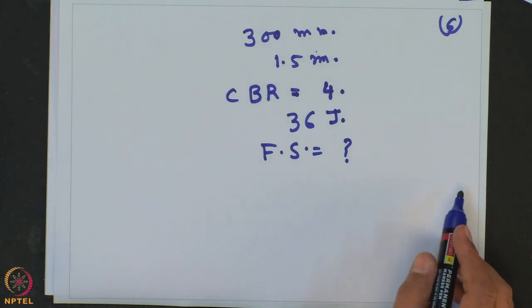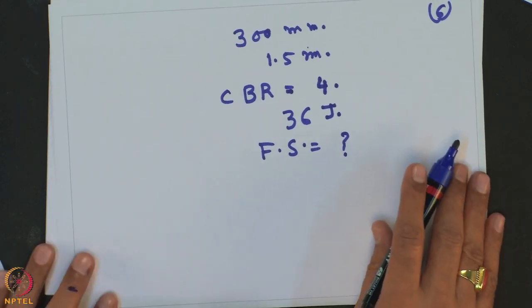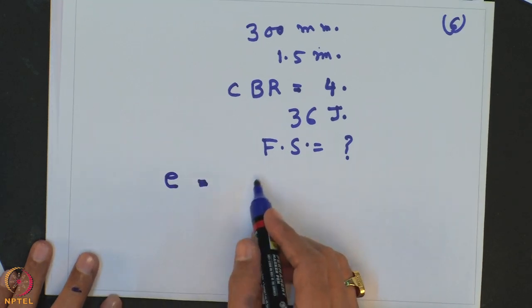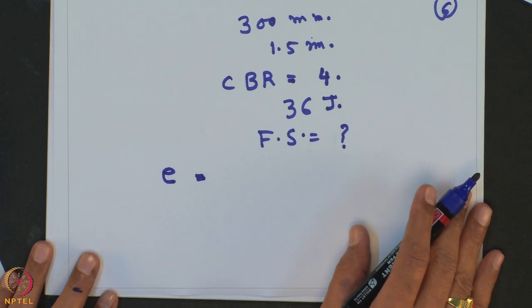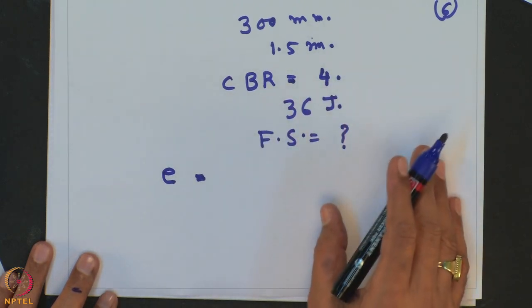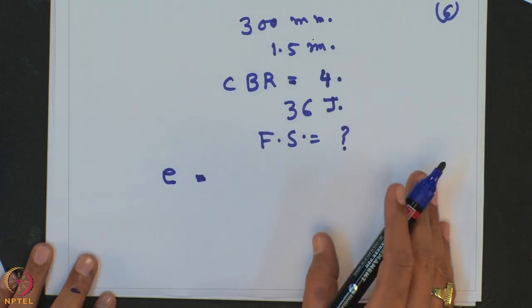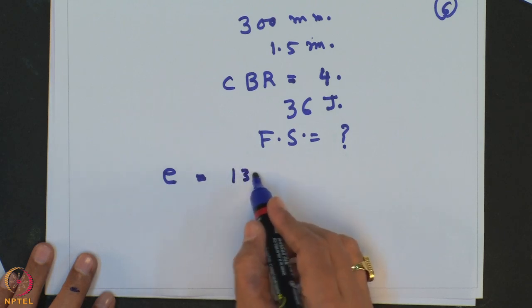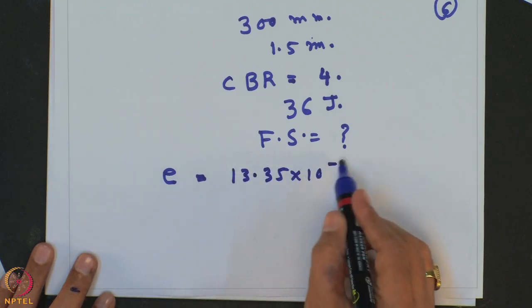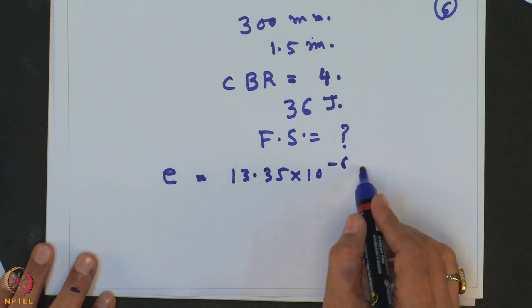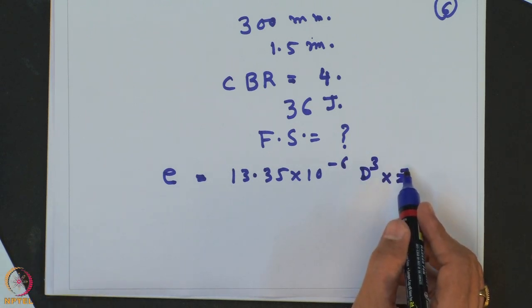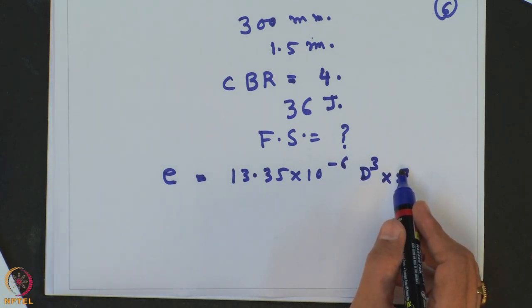So, you know the energy equation. From the energy equation you can calculate E, in terms of the diameter d cubed and the height h. So, you can have, let us say, 13.35 into 10 to the power minus 6 into d cubed into h.